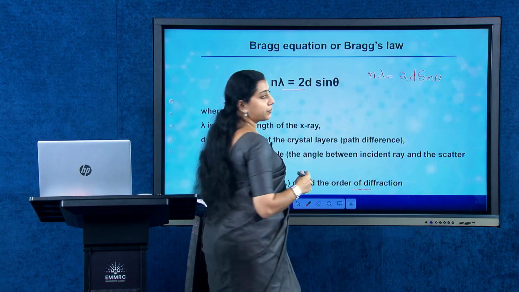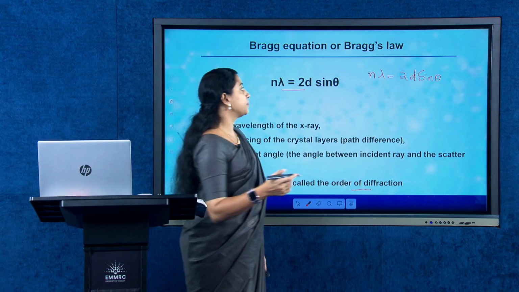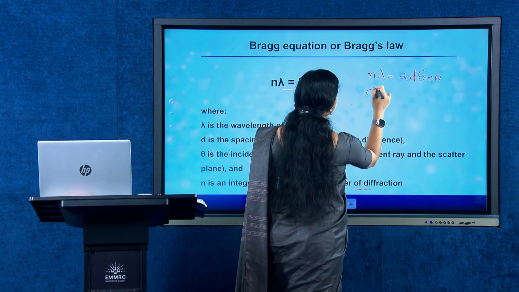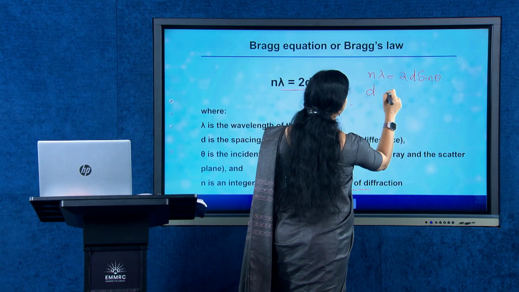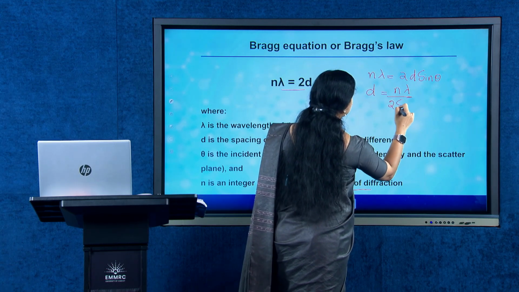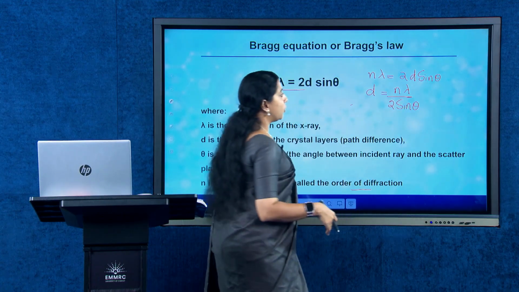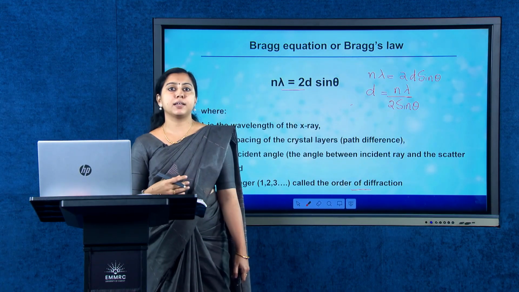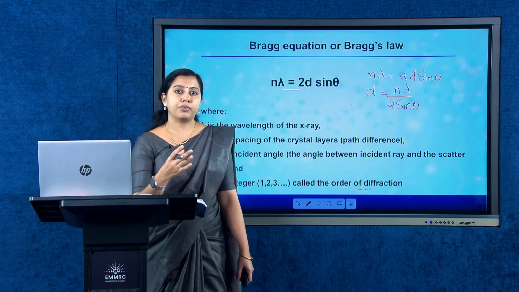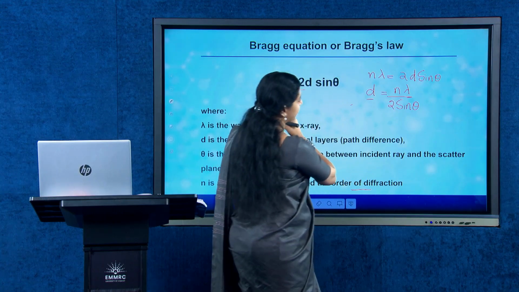For example, if we have to calculate the spacing between the planes, that is, d, then this equation can be used as d equals n lambda by 2 sin theta. So, if in the question the values of the wavelength of the X-rays, the incident angle, and the order of diffraction are given, then from that equation you can find out the value of d.